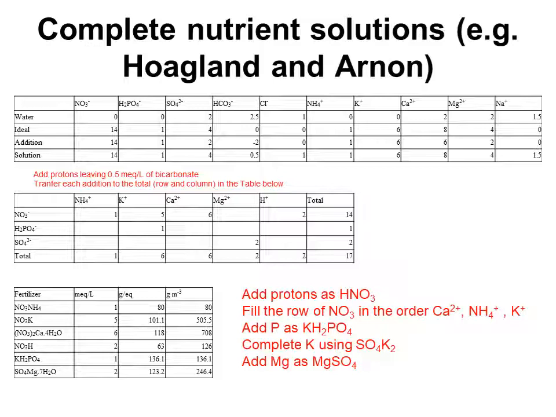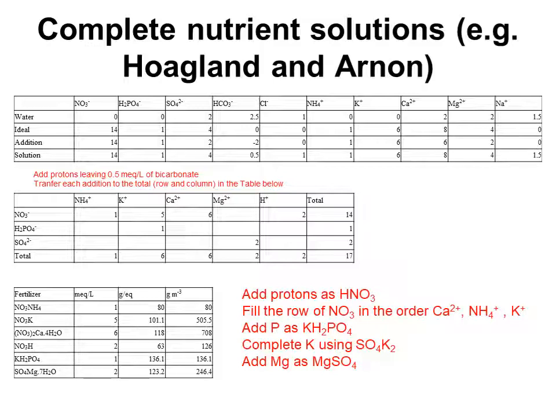But this is not usually the case. Usually we are taking water from a surface reservoir, or we are pumping from a well. So this water will have salts, and we have to consider the presence of those salts when calculating the amount of nutrients that we have to put into the solution.